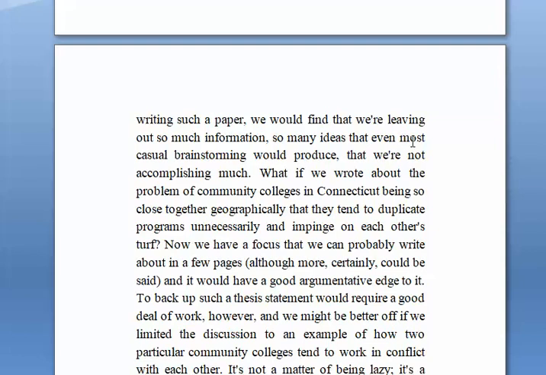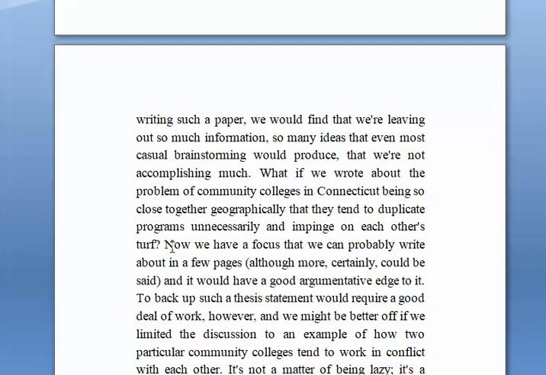So many ideas that even the most casual brainstorming would produce, that we are not accomplishing much. What if we wrote about the problem of community colleges in Connecticut being so close together geographically that they tend to duplicate problems unnecessarily and impinge on each other's turf?